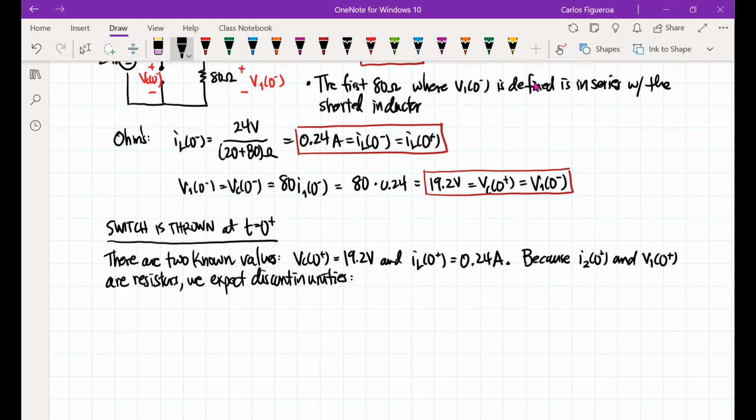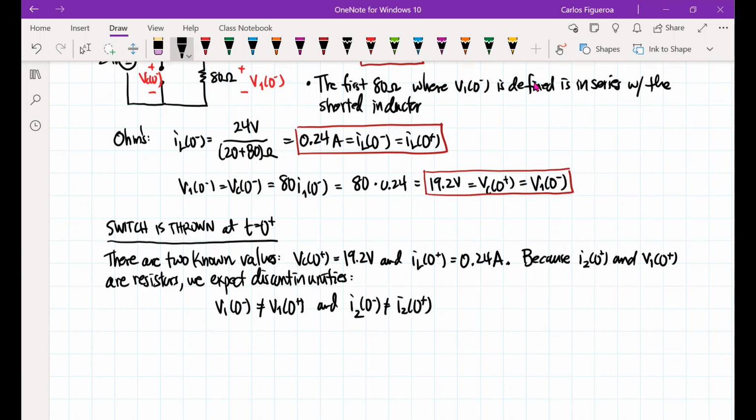In other words, V1 of 0 minus, I expect it to not be the same as that. And I don't expect the current of this guy, this should be I2, not I1, to be the same after the switch.